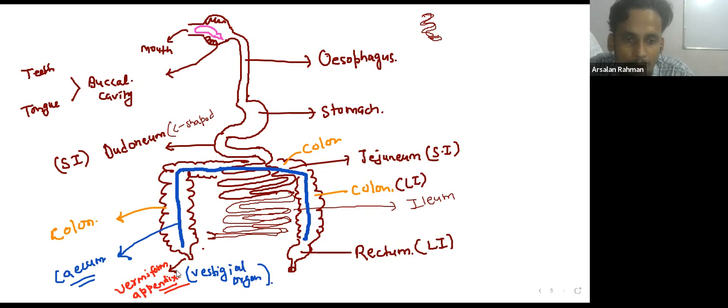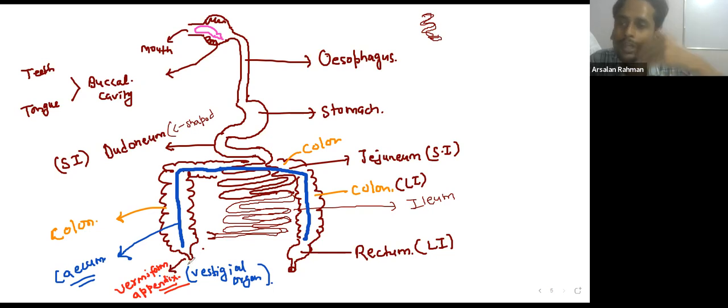So this vermiform appendix used to help us digest the uncooked food. What was the function of this vermiform appendix? It used to digest the uncooked food. But nowadays we cook the food first, then we eat it.